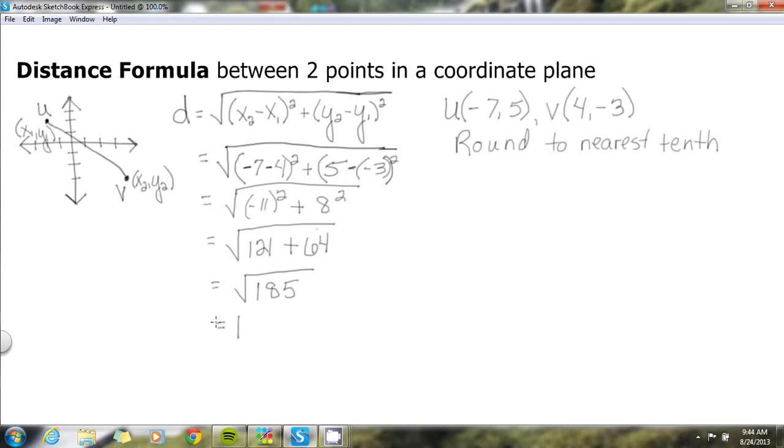And I'm going to put the approximate symbol, or about, 13.6014. Doesn't really matter what else because it says round to the nearest tenth. So since our test digit here is 0, we keep it at 6. So we've got that the distance of this line segment is about 13.6.